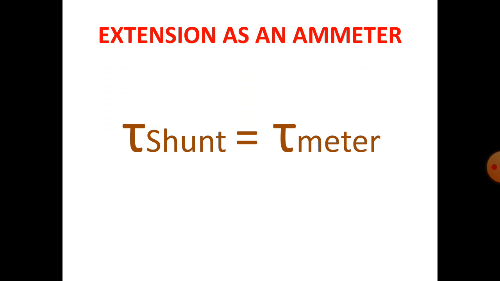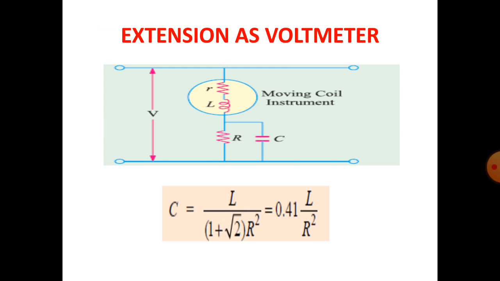Finally we are going to get tau shunt equal to tau meter. Thus by making the time constant of the shunt equal to the time constant of the basic MI instrument, the meter is free from frequency errors. Next, extension range as a voltmeter.